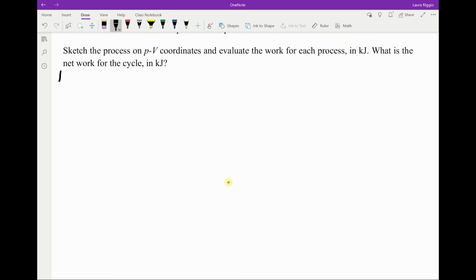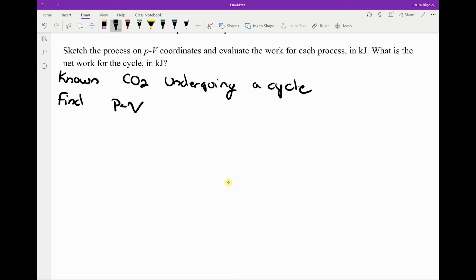Okay, so what do we know? Well, we know that we have CO2 undergoing a cycle. We're trying to find the PV diagram, the work for each process, and the net work.